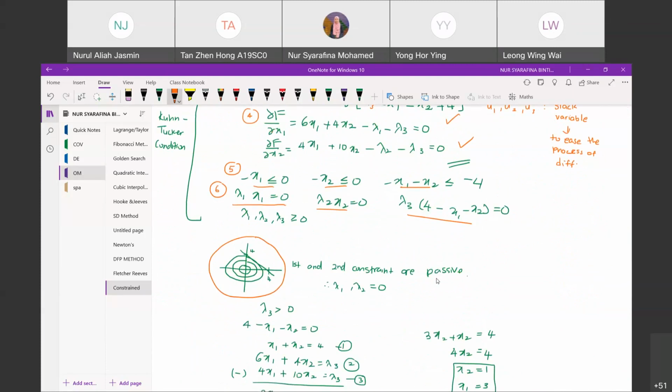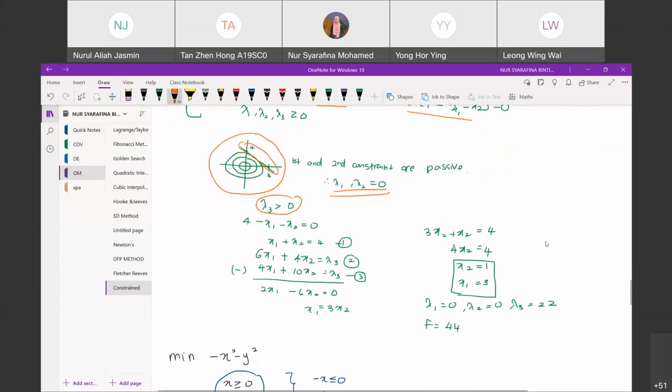You can see that the third constraint touches the region, so lambda 3 is greater than 0, and the rest of the constraints do not touch, so we consider them passive. Then we can solve the values of x1 and x2, and then we have the value of f there.